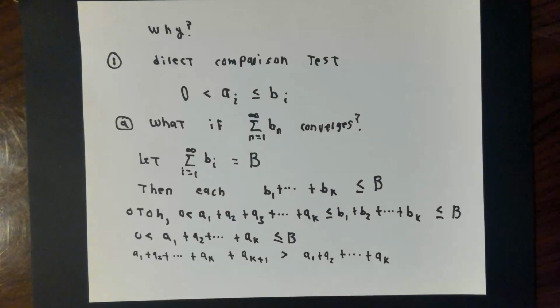The partial sums of the A series are not only bounded, but they're monotone also, which tells me the infinite series of the A numbers converges.